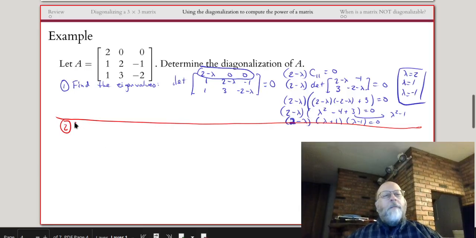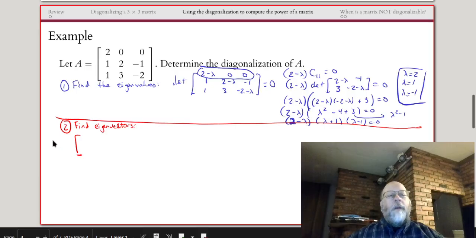Now we're going to find the eigenvectors. So the homogeneous systems we want to solve: when lambda is equal to 2, this is 0, 0, 0, 1, 0, negative 1, and 1, 3, negative 2 minus 2 is negative 4. Augment that with all zeros.